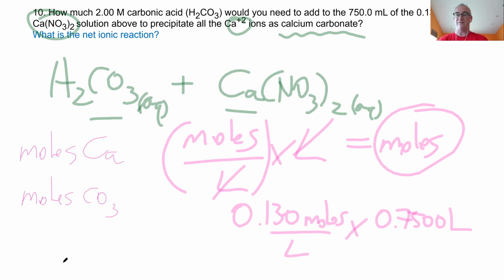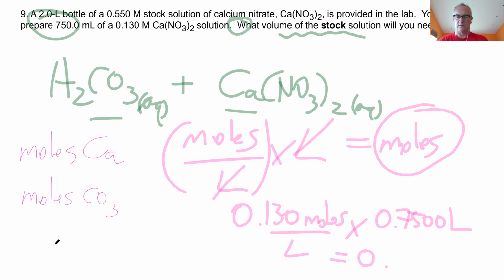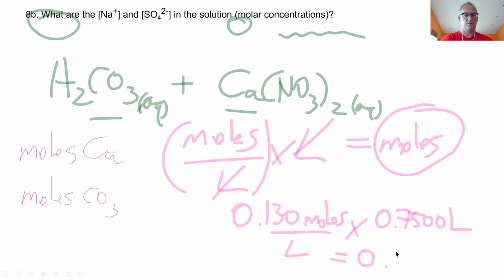So when we divide 750 by 1,000, we get 0.7500, because there's 4 significant digits there. So how many moles did you get for that? 0.0975. 0.0975 moles.